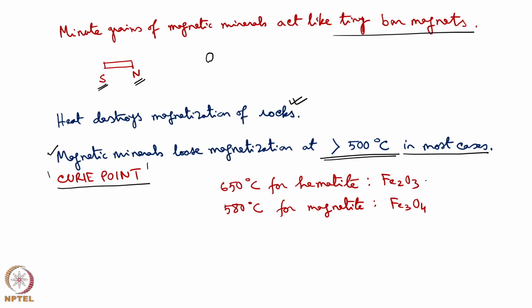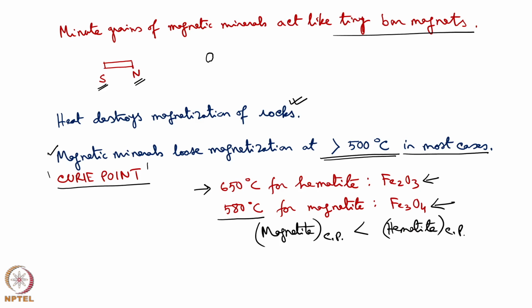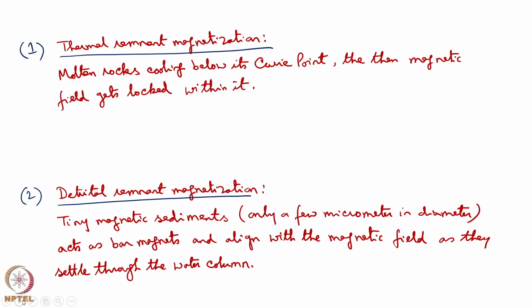For example, for hematite it is 650 degrees centigrade, and for magnetite it is 580 degrees centigrade. So we can see that magnetite's Curie point is less than hematite's Curie point. Now, with this basic idea, we will see the three kinds of magnetization.